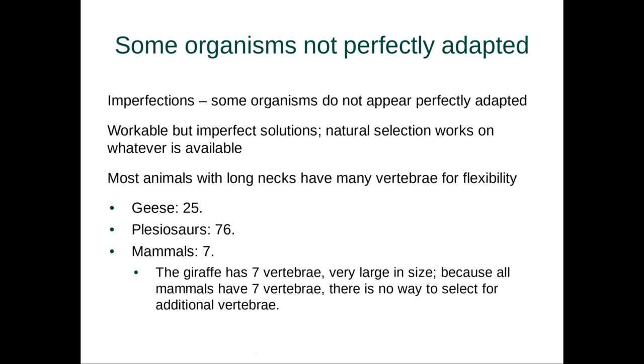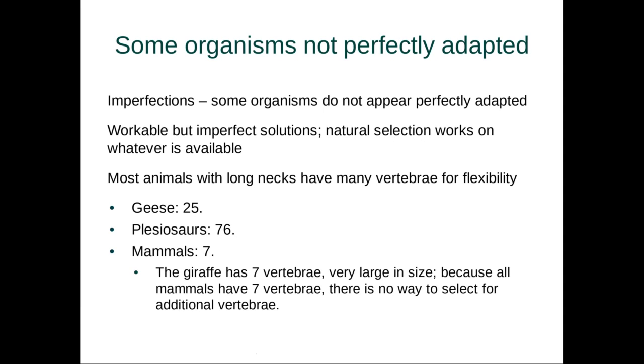Now, there was no evolutionary background in mammals to select for 25 vertebrae, just the 7 vertebrae. So what have giraffes done to make it so that they can eat leaves and have a 20-foot long neck? Well, they simply increase the size of those 7 vertebrae.